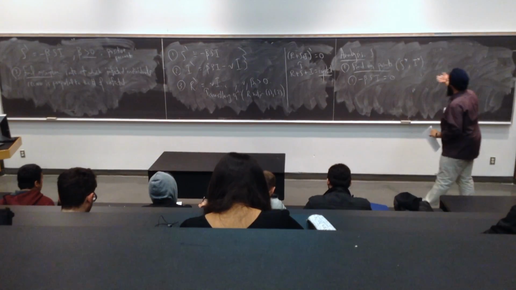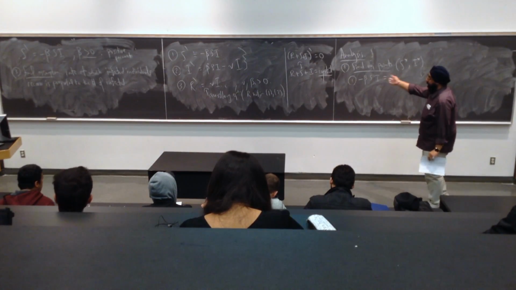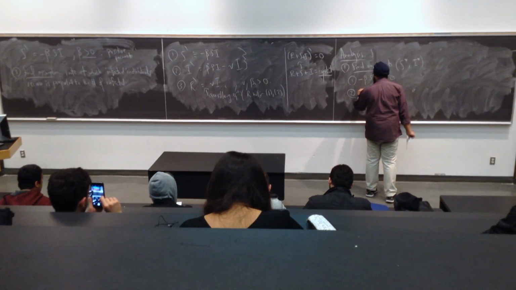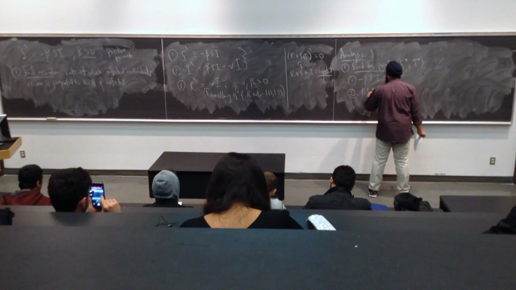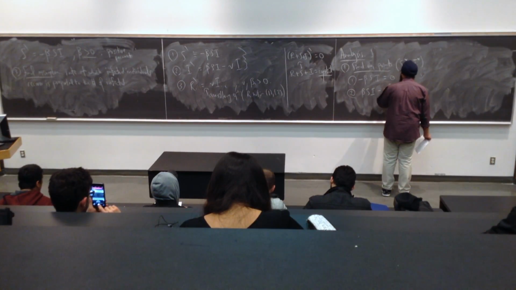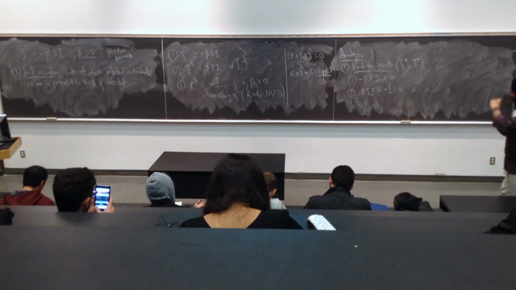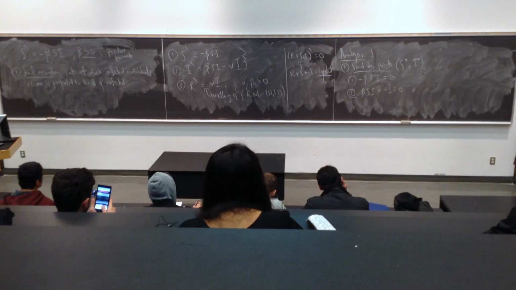So find S star, I star, such that minus beta SI is equal to 0, and beta SI minus BI is equal to 0. Any ideas? It's really easy to solve this system.